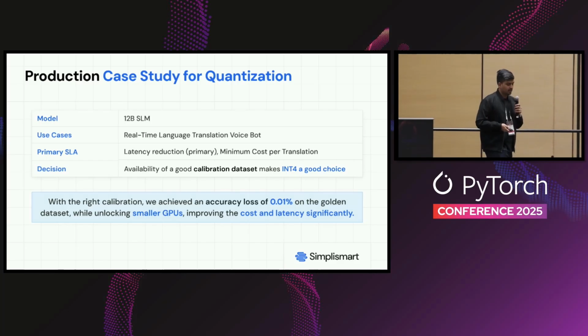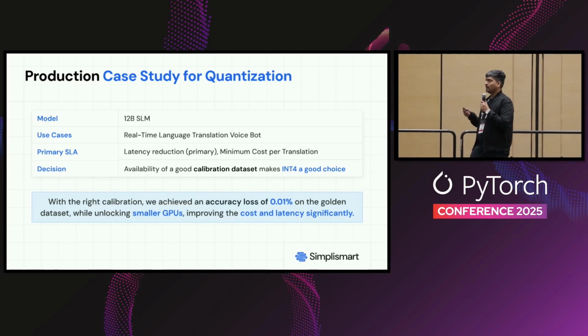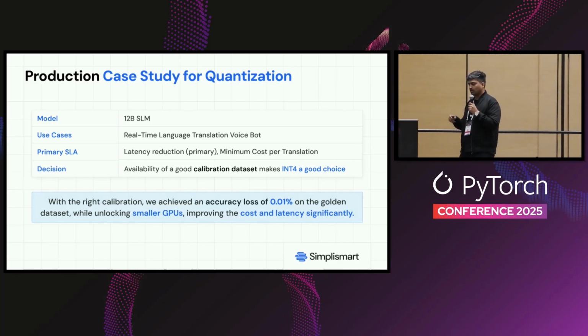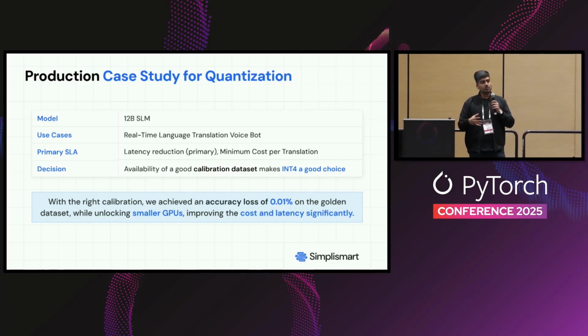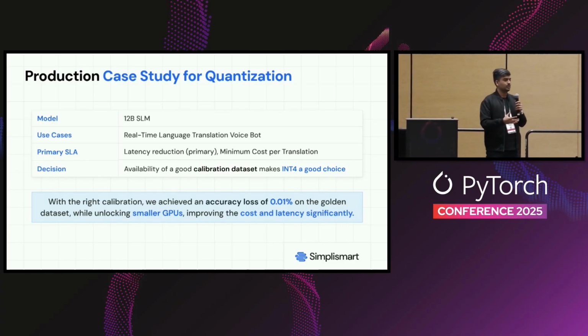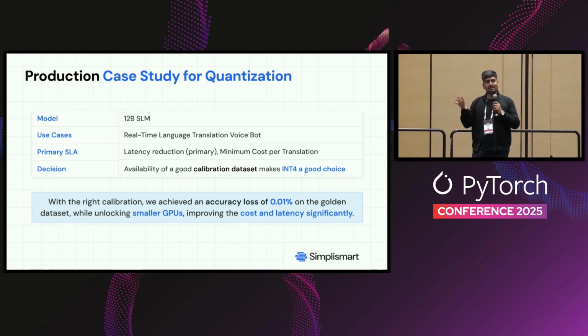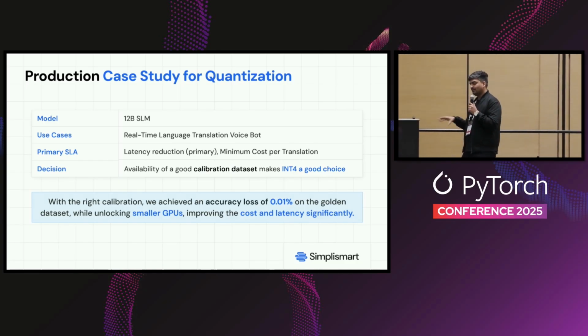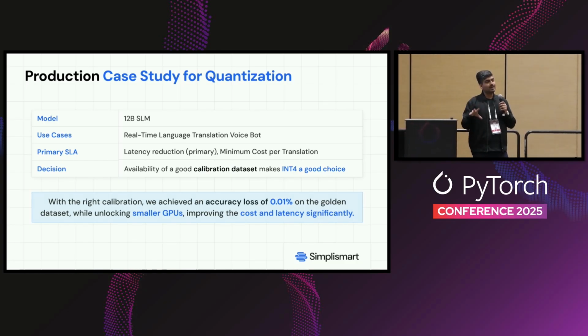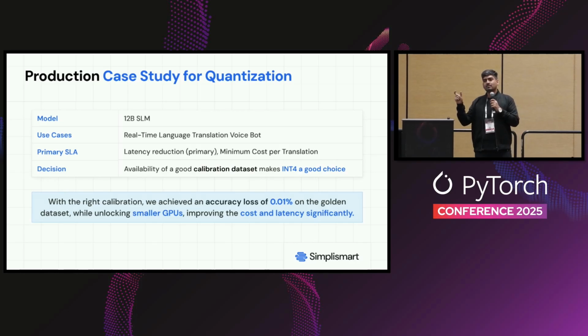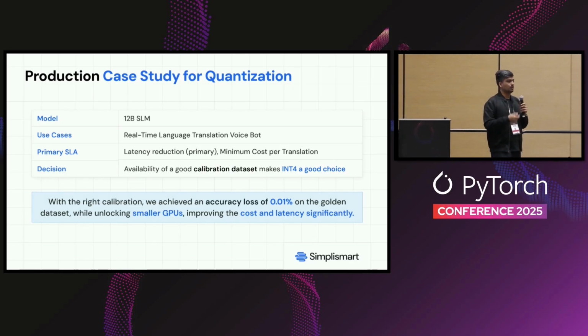Case in point, we had a user who was deploying a 12 billion parameter SLM for a real-time voice bot use case which was translating languages, right? Now, of course, because it's a voice bot, you have a real-time SLA that you have to adhere to, so your TTFT becomes your primary SLA. But there's also a business mandate that the per translation cost of the model should be low, right?